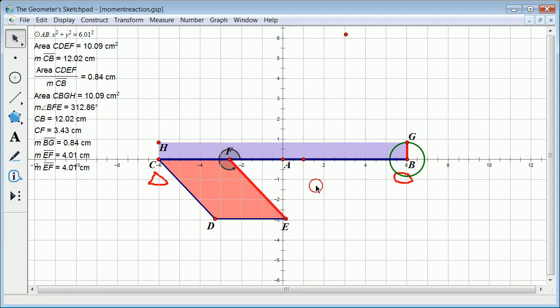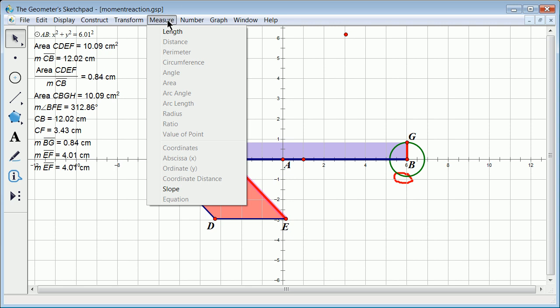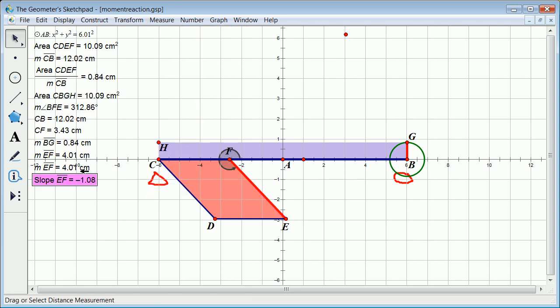If you measure its length and its slope, based on this slope you could convert this to x's and y's. If you remember, the slope is the tangent of the angle.